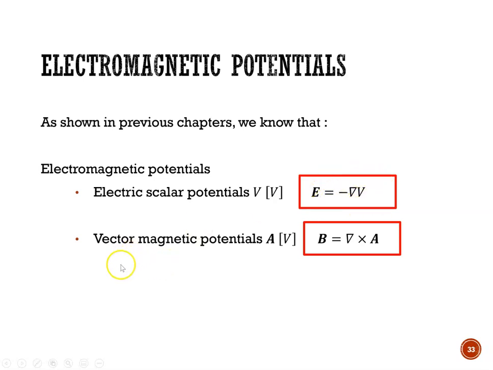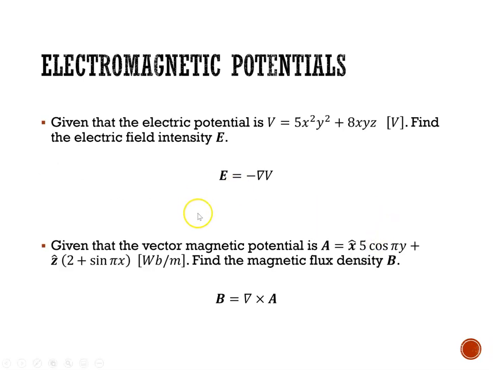If you want to find the vector magnetic potential, you use the curl equation: B is equal to del cross A, or the curl of A. Questions will be asked like this. Here are examples of questions for electromagnetic potential.